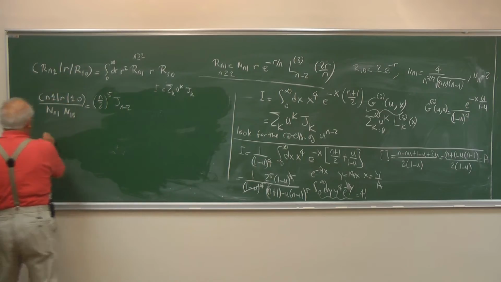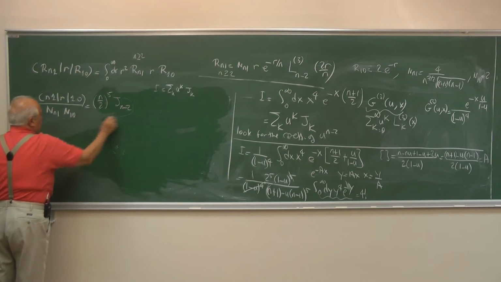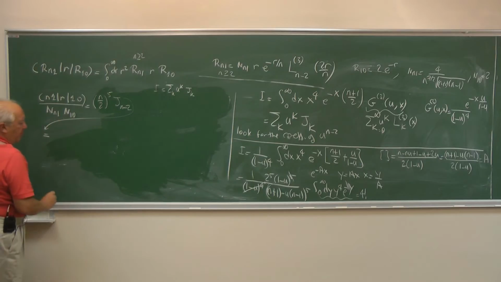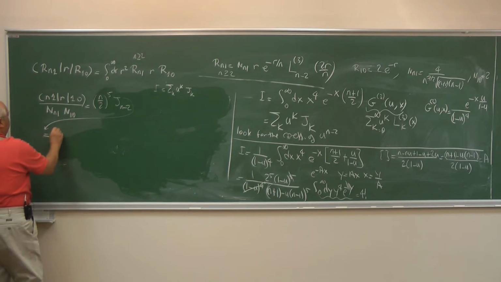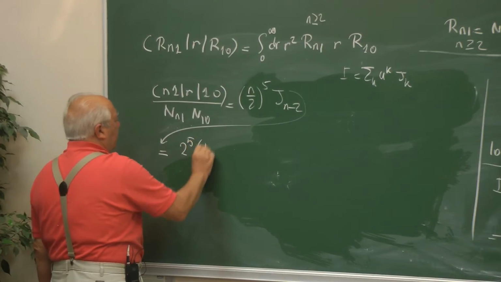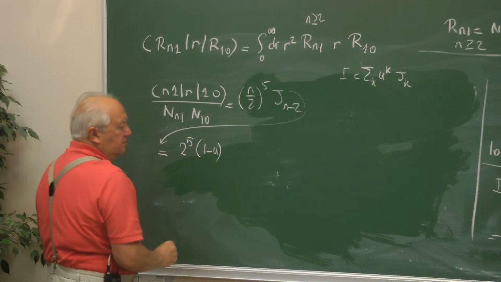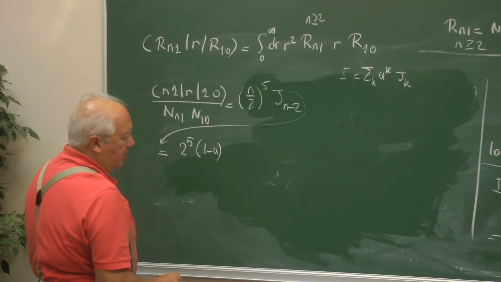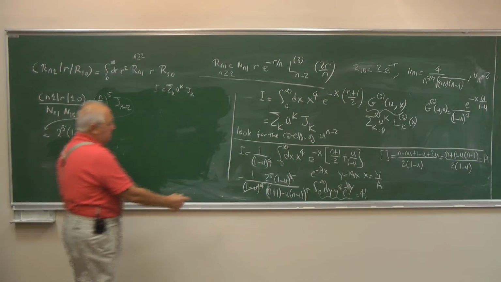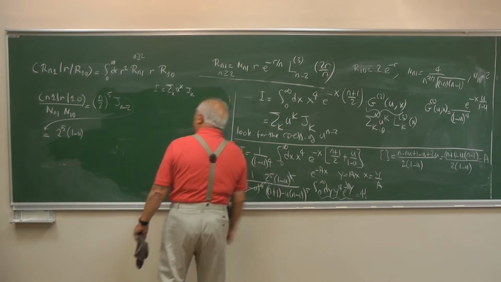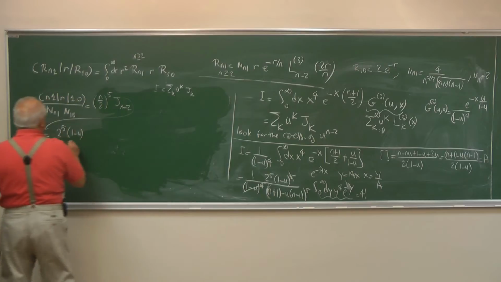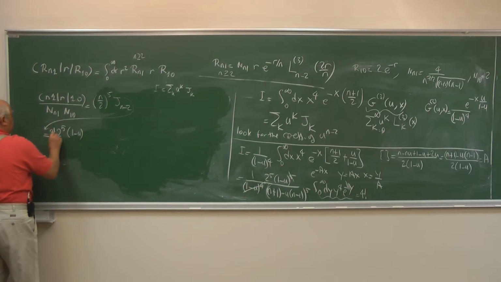So this is equal to 2 to the 5, 1 minus u, times 4 factorial. 4 factorial is here.